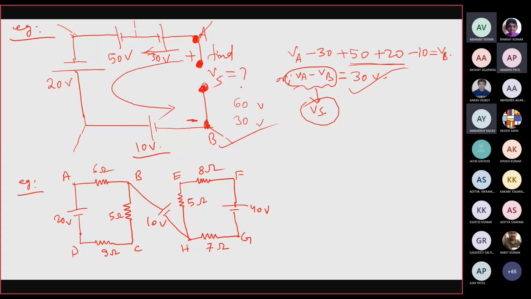We have assumed that this A plate is at higher potential, right? असम्यूम किया हमने, तो हमने मूव किया A से B की तरफ, तो VA स्टार्ट किया, VA को कंसीडर किया पॉजिटिव, प्लस VA लिया. Then again from positive to negative आए, फिर negative से positive आए, then again negative to positive. इस डायरेक्शन में मूव किया, एंटी क्लॉकवाइज डायरेक्शन में.